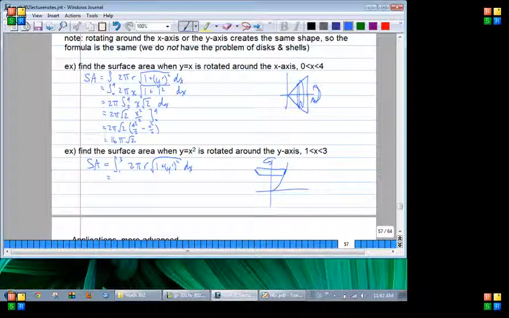Well, let's find it on the picture. The radius is from here to here. And that length is measured by what? That's x. So the radius is just x.